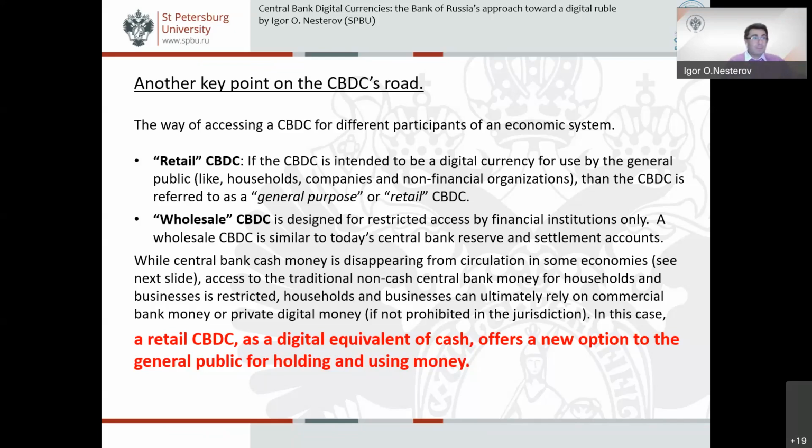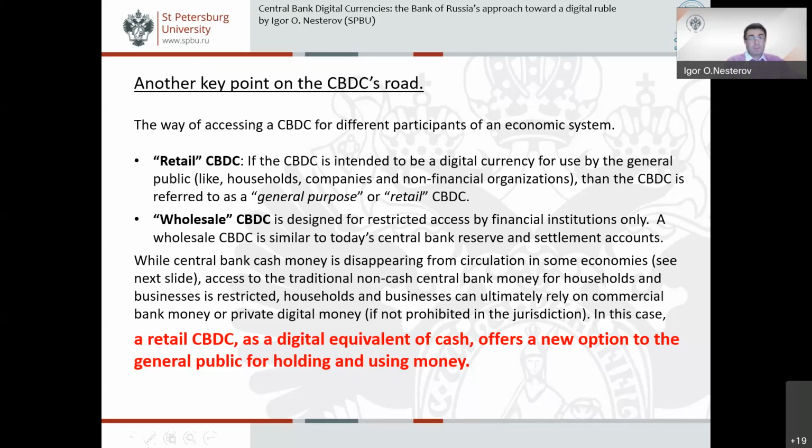By contrast, physical central bank money like coins and banknotes, that is cash, is widely accessible for all, for both banks and households, individuals, and companies.